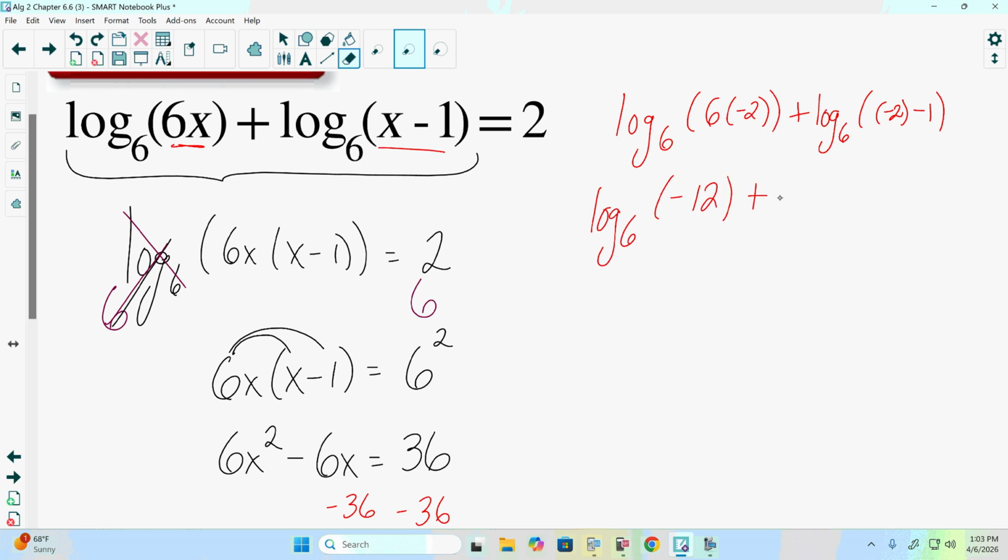And really, at this point, we can just exclude negative 2, because that logarithm, as simplified as it gets, is taking the log of a negative number. It does not work. If we looked at the other one, negative 2 minus 1 is negative 3. Okay, yeah, negative 2 is out completely.